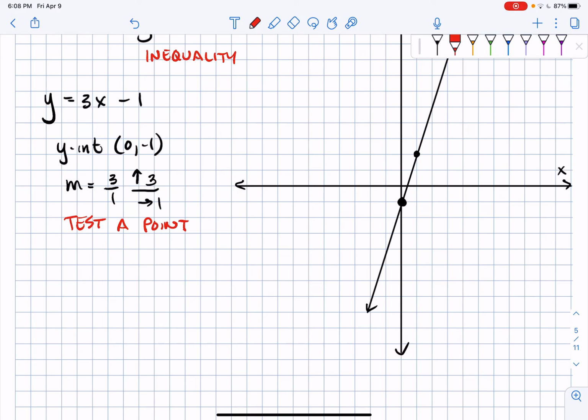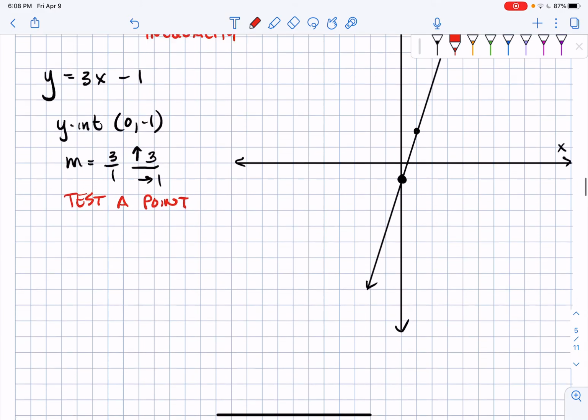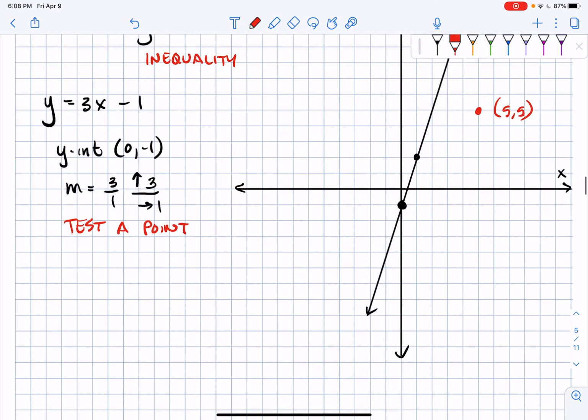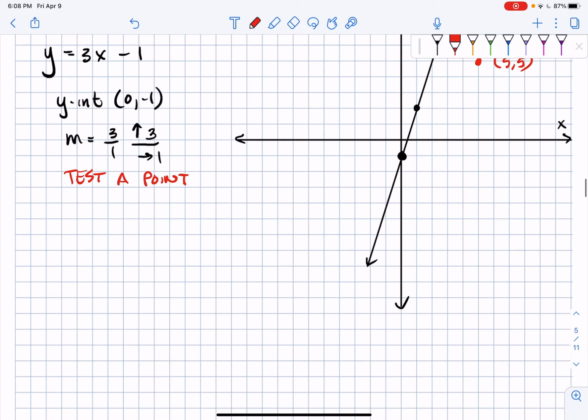So let's say I test, you know what, I'm gonna pick the right side. This point here is 5, 5, okay? It's clearly on the right side. So I'm gonna go ahead and test a point, and that point is gonna be a 5, 5.